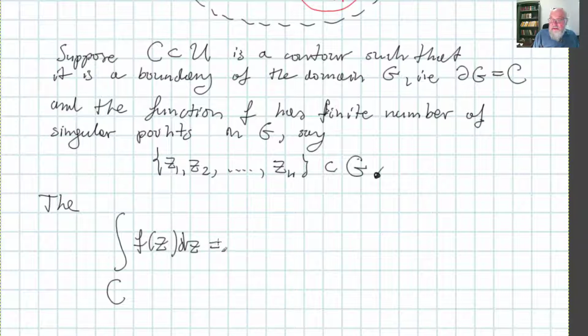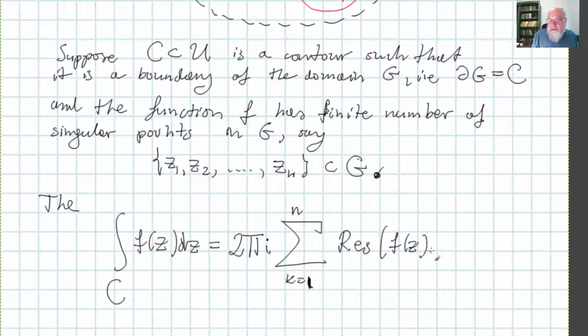And the answer, that's the statement of the Cauchy residue theorem, is that this is equal to 2 pi i times the sum, k equal to 1 to n, of the residue of the function f of z at the point zk.